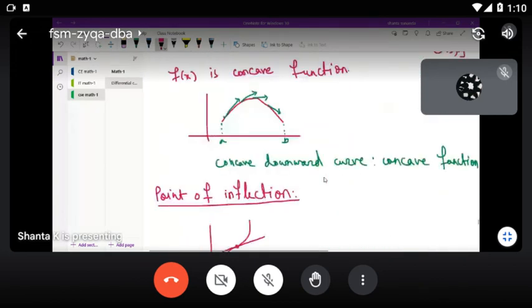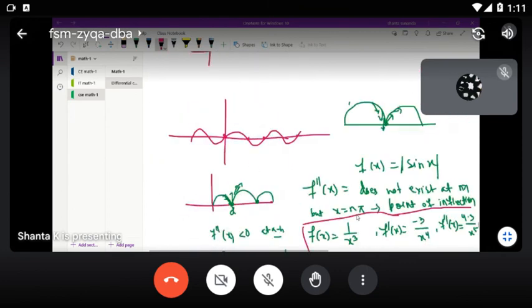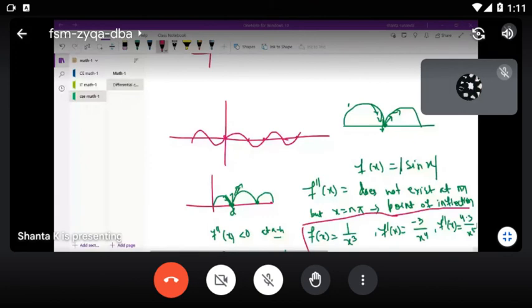The point of inflection is the point where the graph changes from concave downward to concave upward, or the other way, concave upward to concave downward. That is the definition. Just try to use that one and come up with your version. We will discuss it next class. Ma'am, if a point is not continuous, then it can be a point of inflection, as in case of 1 by x and 1 by x cube.